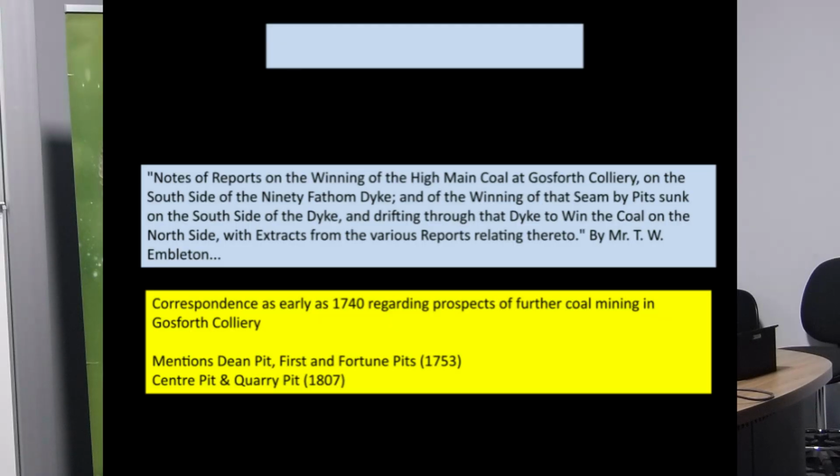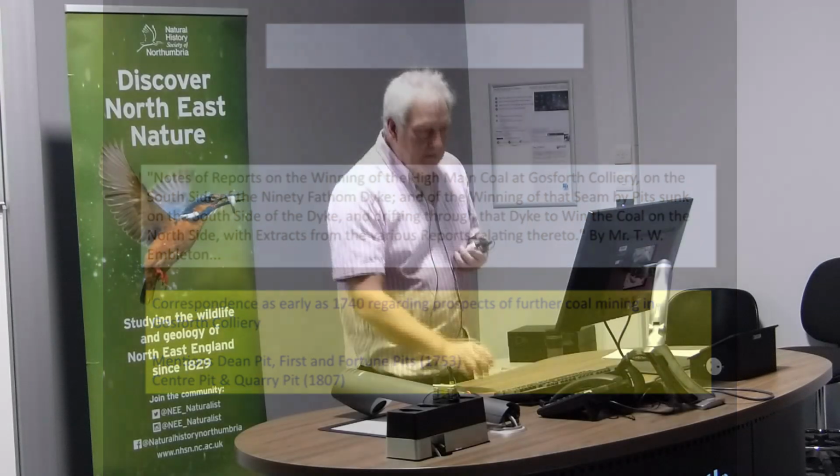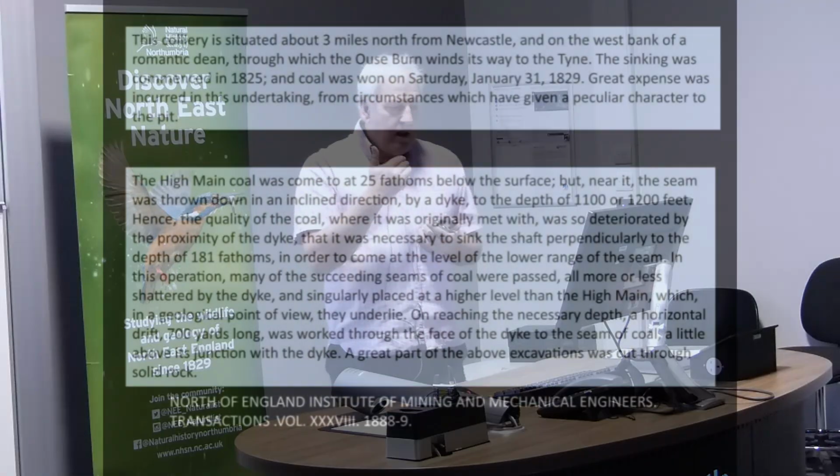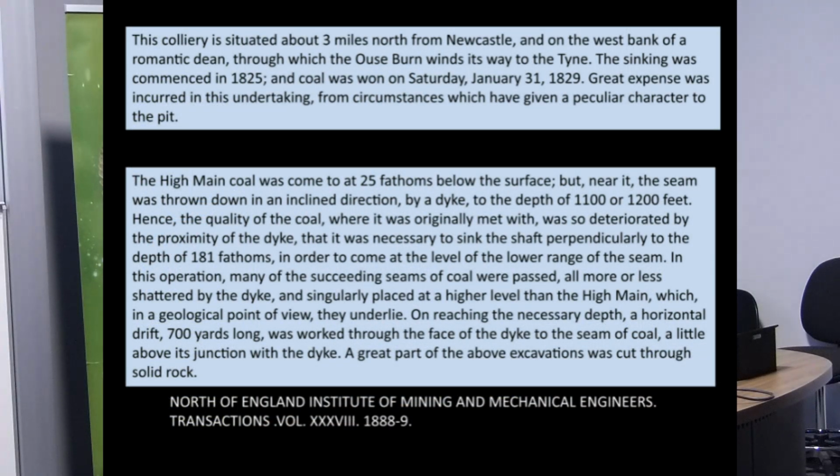Note some of the reports of the winning of the High Main coal, that really important coal they were working there on the south side of the 90 Fathom fault, whilst they were working it northwards from the shaft.